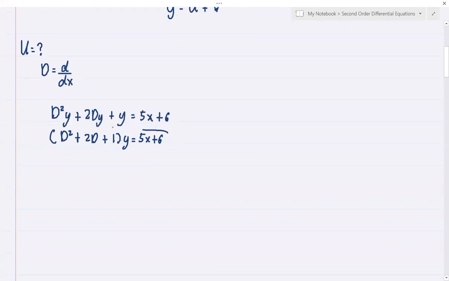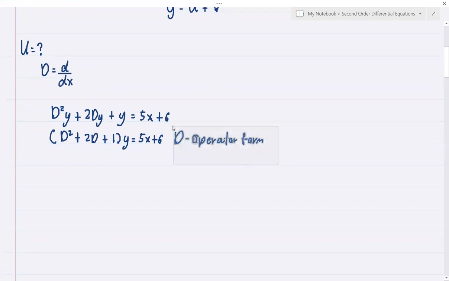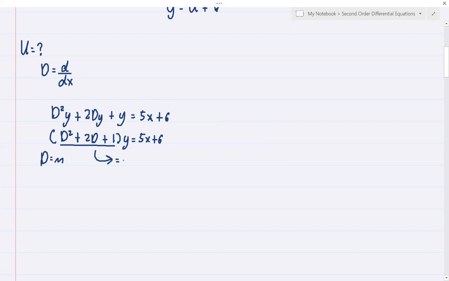Remember, this is what you call your D operator form, D as in operation. Forgive my handwriting, because I was in a hurry to write it. After that, you substitute your D as your m and equate this to 0.